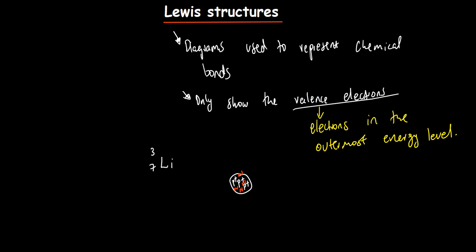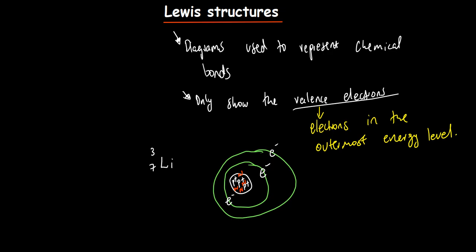This is the nucleus. Outside, in the first energy level, you're going to have electron 1 and 2, the 1s orbital, and then the 2s orbital has 1 electron. This is how lithium is in terms of its structure.